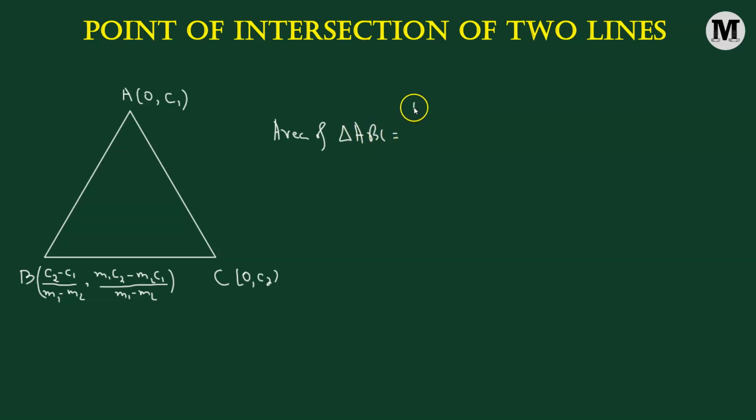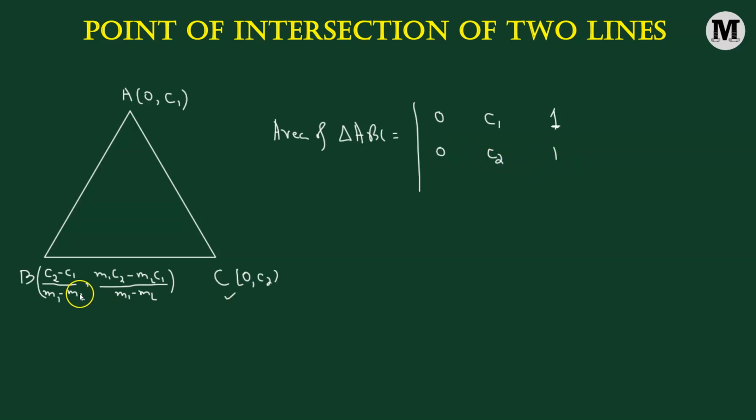Let's begin by considering the coordinates of point A: 0, c1 and 1 go into the first row of the determinant. In the second row, we consider the coordinates of point C: 0, c2 and 1.